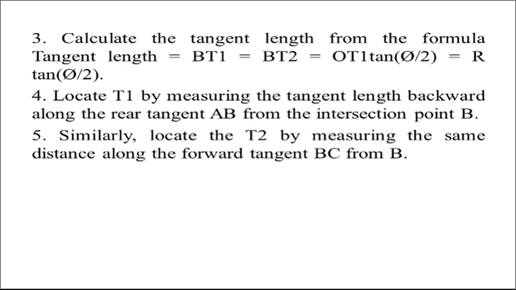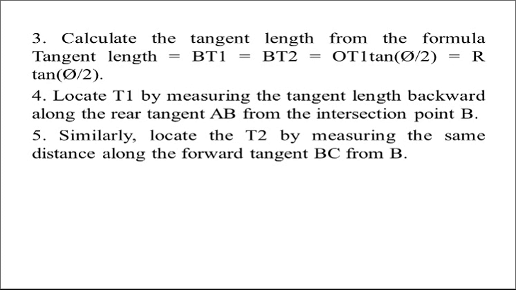So knowing R and phi, we can find out the tangent length, for the rear tangent and the forward tangent. Fourth, locate the position of T1 by measuring the tangent length backward along the rear tangent AB from the intersection point B. Similarly, locate the position of point T2 by measuring the same distance along the forward tangent BC from B.